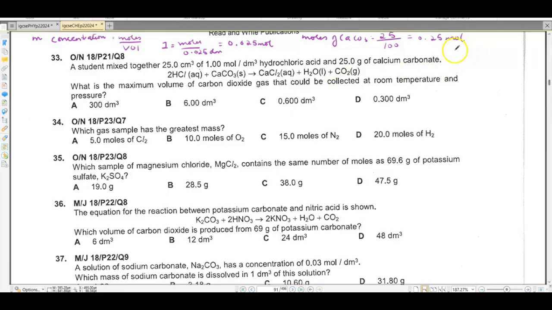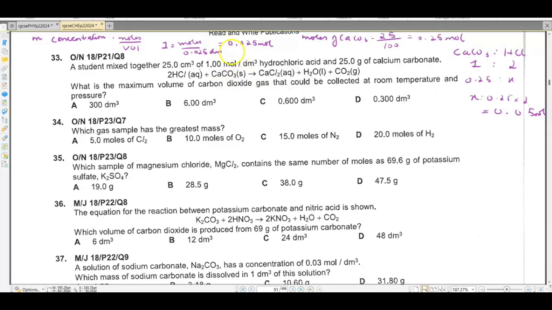Okay. Now we need to see which one of these is limiting and which one is in excess. So CaCO3 and HCl. 1 of CaCO3, 2 of HCl, and 0.25 of CaCO3 and X of HCl. So X is equal to 0.25 into 2. So this is going to give us an answer of 0.05.